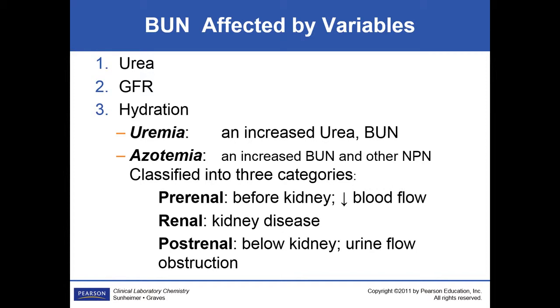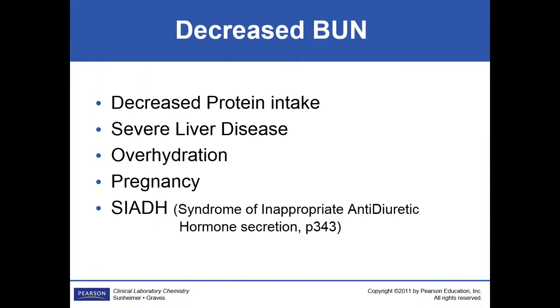We have pre-renal azotemia if the problem is before the kidneys, such as reduced blood flow. If it is renal azotemia, it is a kidney disease. Or you can have post-renal azotemia, meaning after this nephron, somewhere you have an obstruction in the urinary tract.